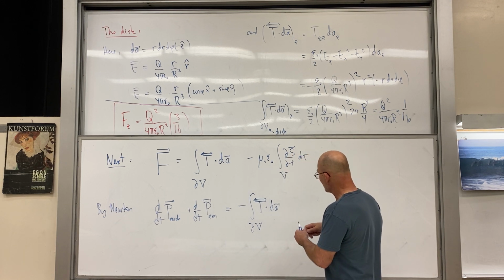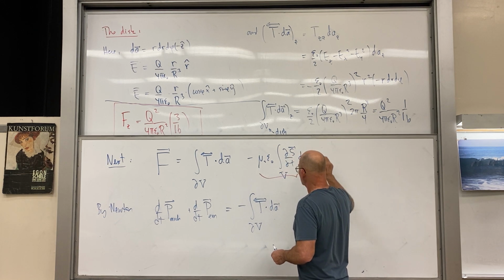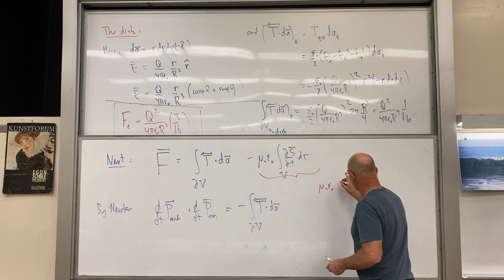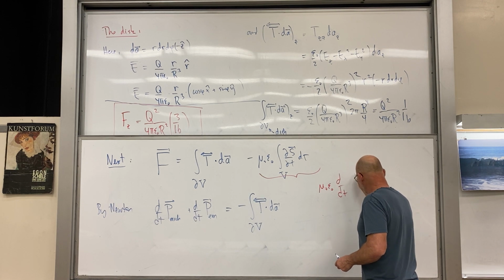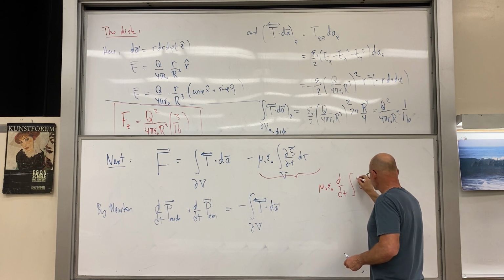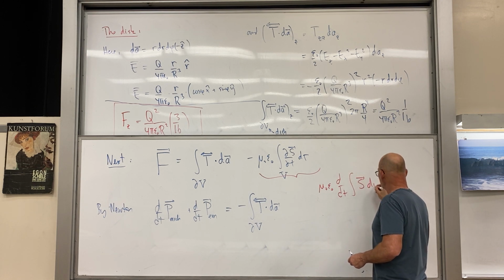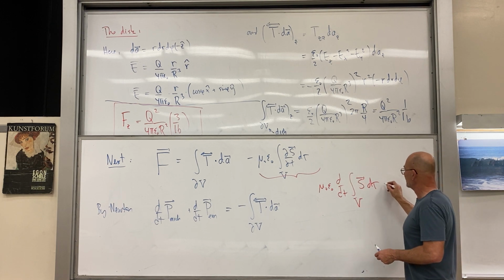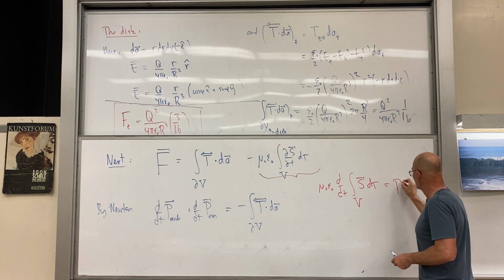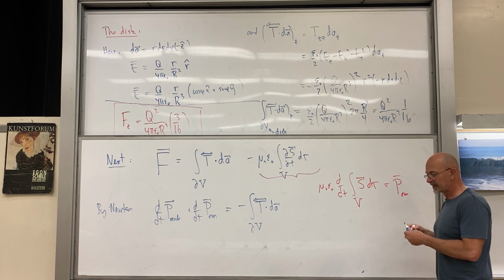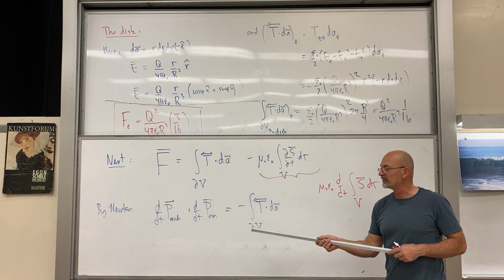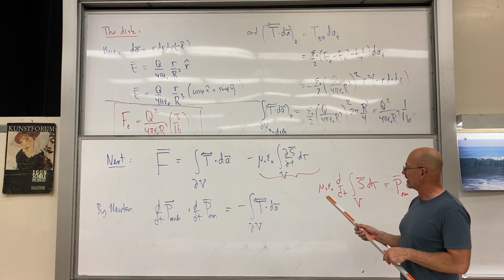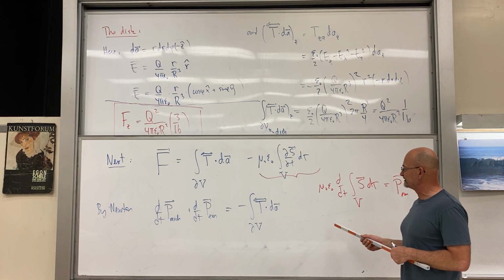So this thing here I could actually write as mu naught epsilon naught d over dt integral S d tau over a volume, equals p electromagnetic. Okay. Remember, we were talking about the momentum in the electromagnetic field a week ago or so.